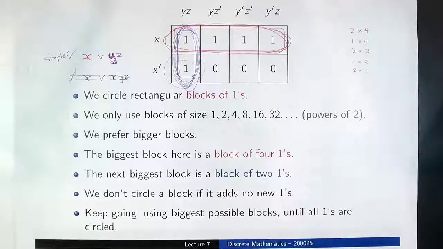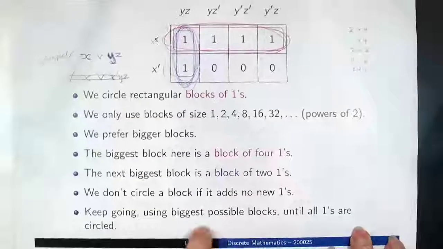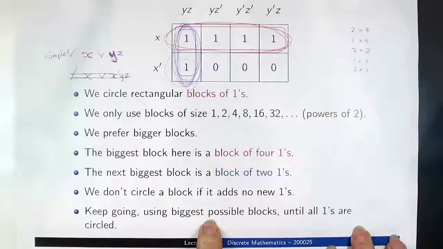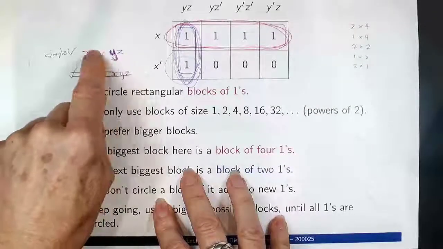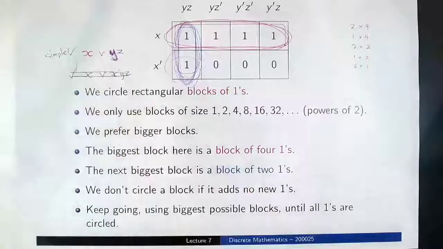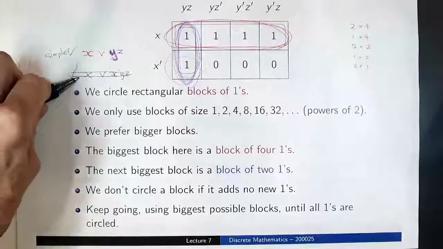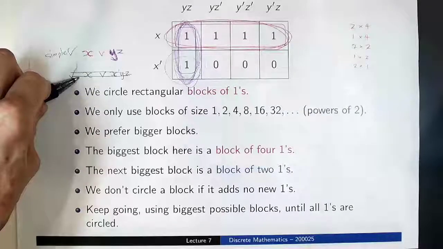If we put the simplest one, we'll get it wrong. That's right, because I've asked for this disjunctive normal form. But then there might be another part which says use Karnaugh maps to find a simpler expression, in which case I'd expect you to use the biggest blocks possible, which means I'd expect this answer. And if you gave me that answer, you would clearly have got most of it right. Firstly, logically, this is a correct expression, so it's not the end of the world.